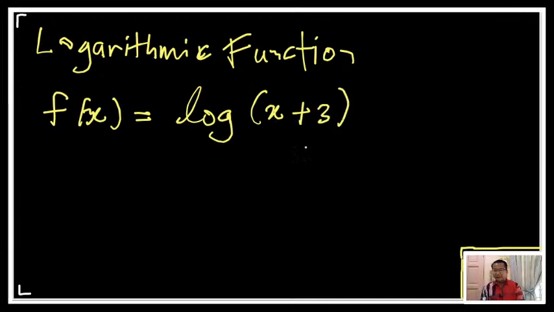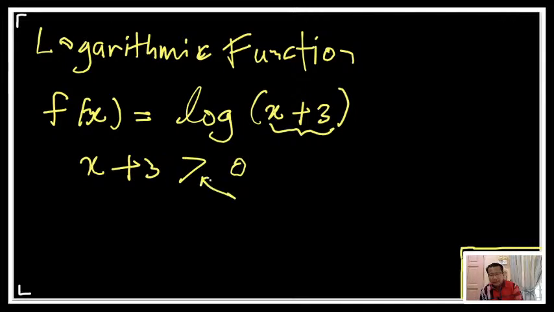The expression inside the log should be greater than 0, because log 0 does not exist. So x plus 3 is greater than 0, no equal sign.